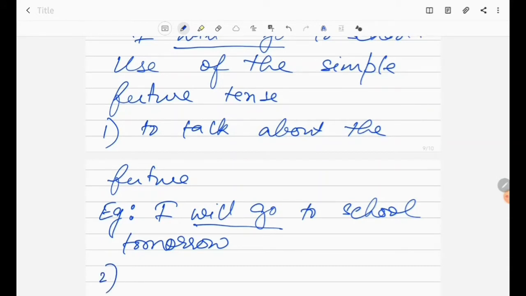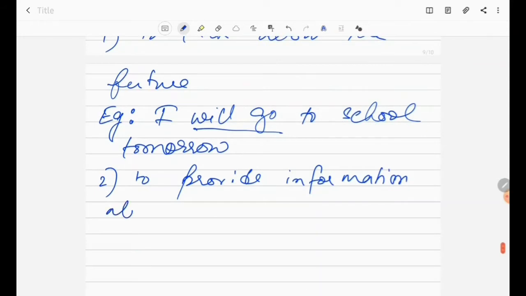And also to provide information about a particular event.